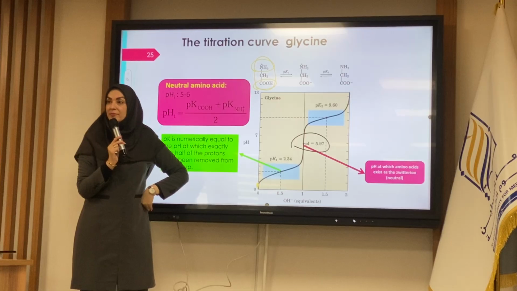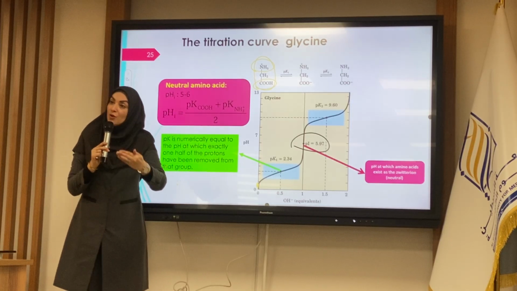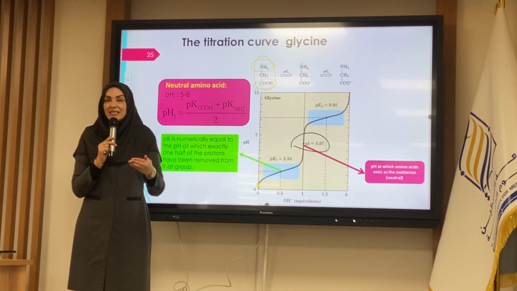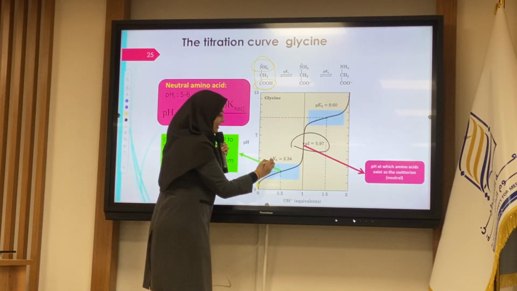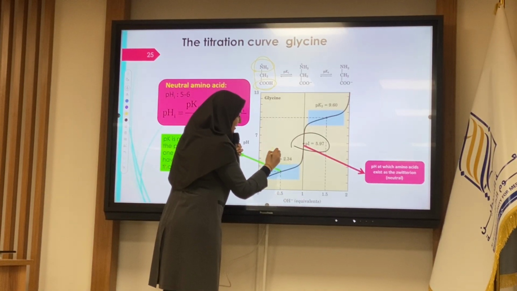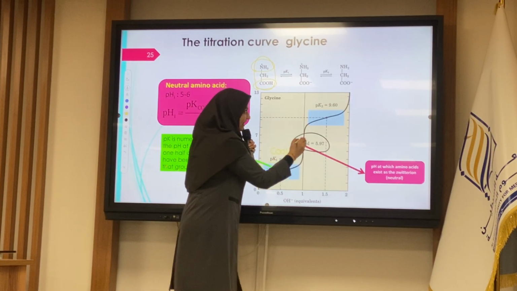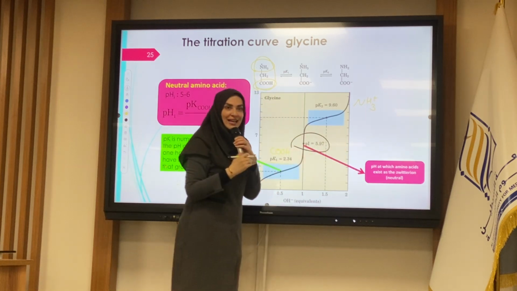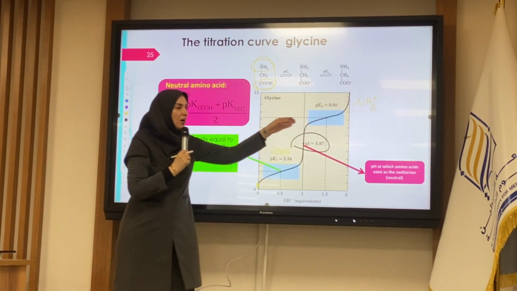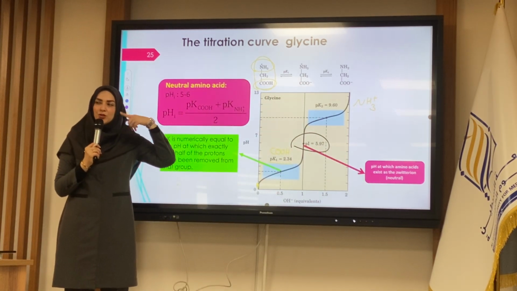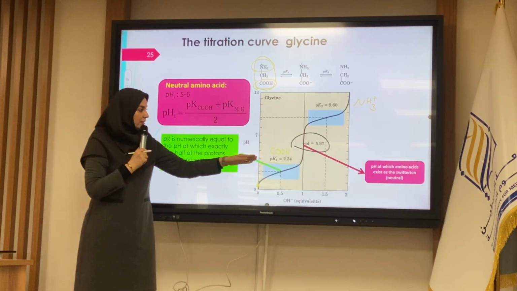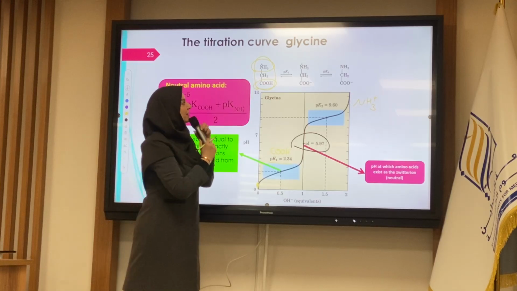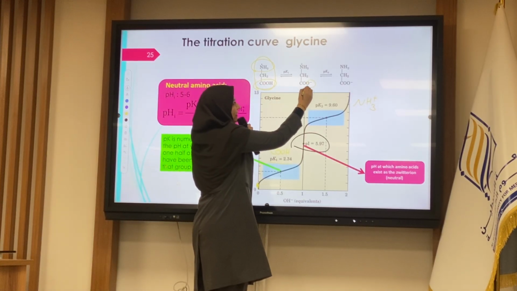Why? Because it is a stronger acid. Also, if we compare the pK, this is the pK for COOH and this is the pK for the amine group. According to the pK, I can guess which one is stronger. The lowest is stronger. So at first, the first proton is released, as you can see here.